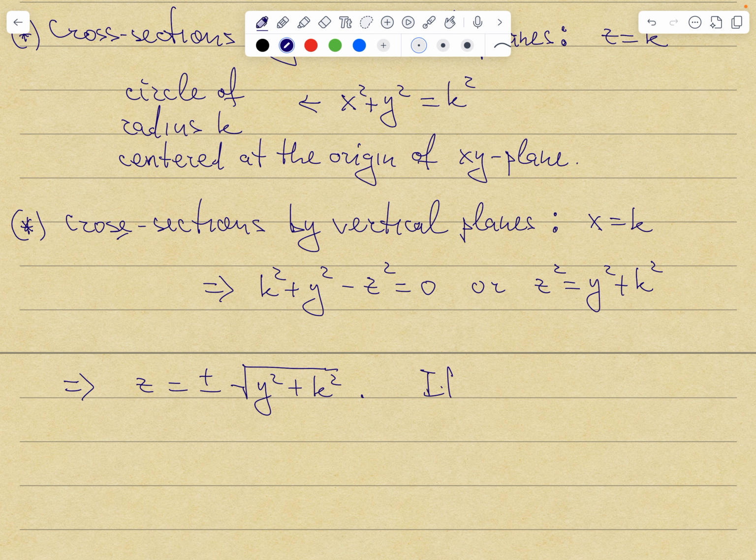If k is 0, then z is equal to plus or minus the square root of y squared. And the square root of y squared is actually the absolute value of y, so z is equal to plus or minus the absolute value of y.